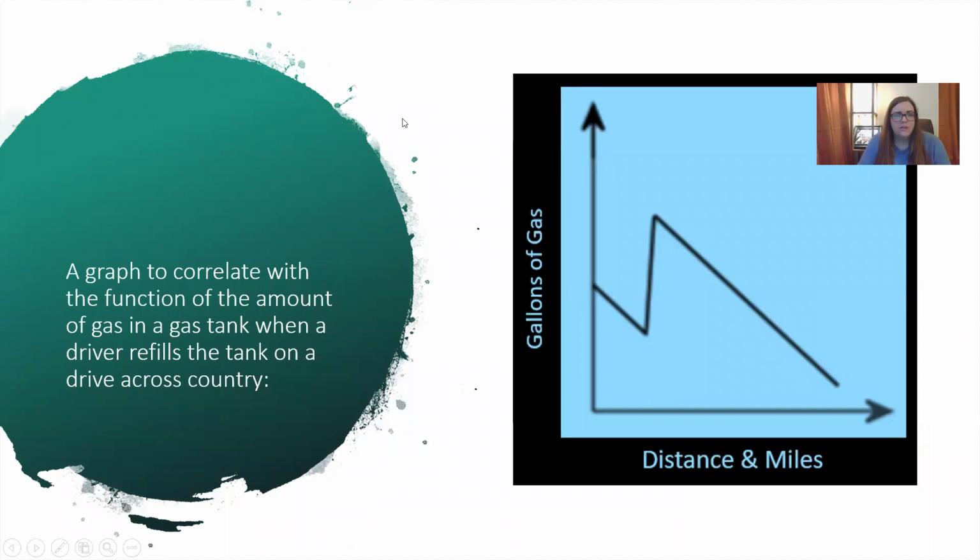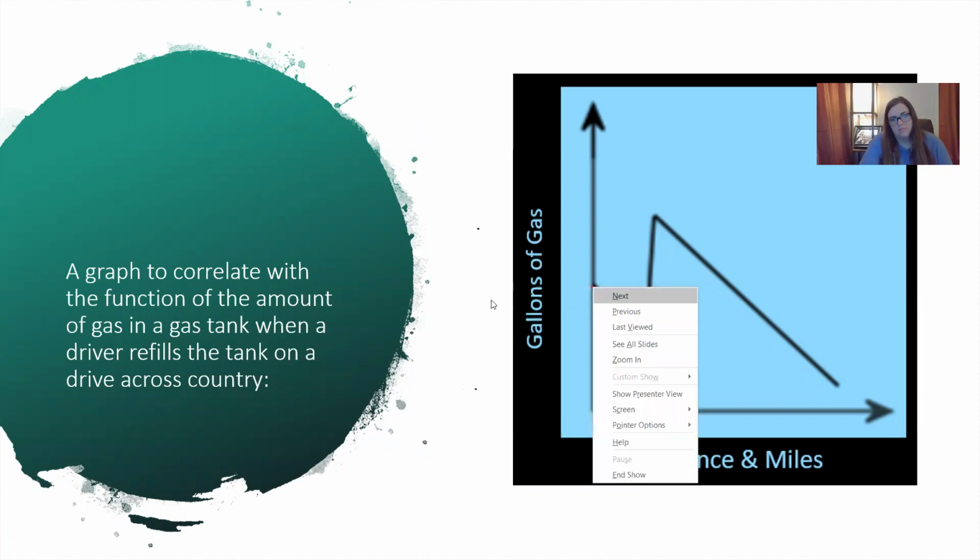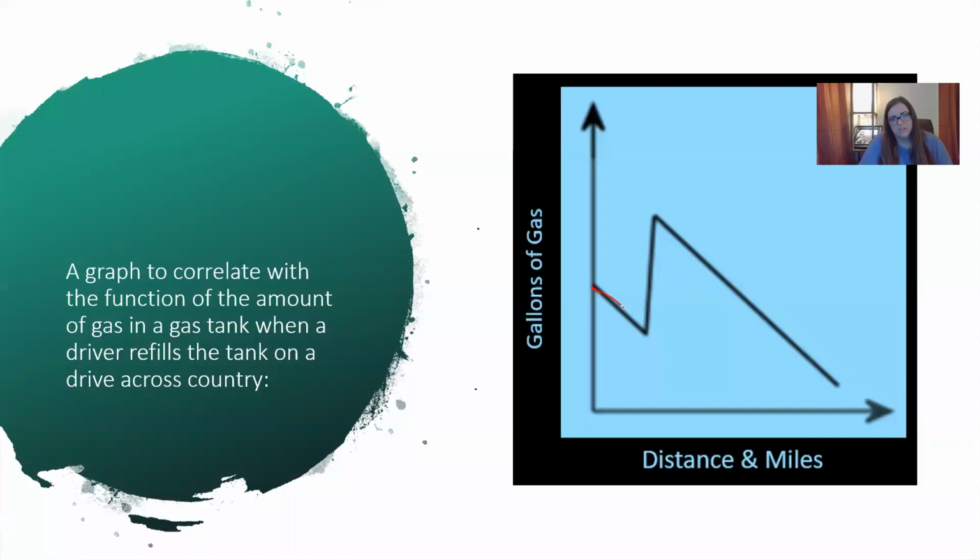Alright, so a graph to correlate with the function of the amount of gas in a gas tank when a driver refills the tank on a drive across country. So this point right here is when he starts driving, and as you can see, the line goes down because he's driving. And then this may or may not be when his tank is empty, or maybe he just decides to fill up at this time.